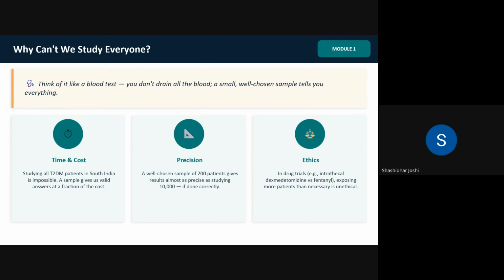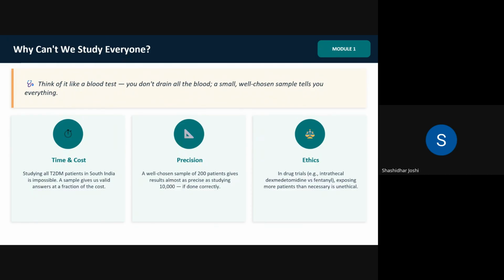A well-chosen sample of 200 patients will give a result almost as precise as studying 10,000 patients if it is done correctly. You have to underline this: if done correctly. Now, what do we mean by if done correctly? That's something you can see in the coming slides.